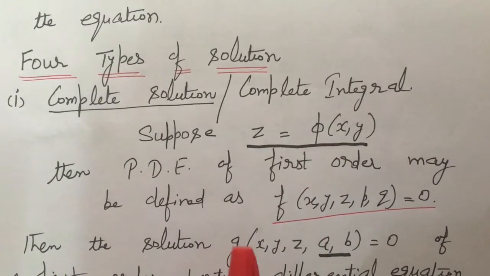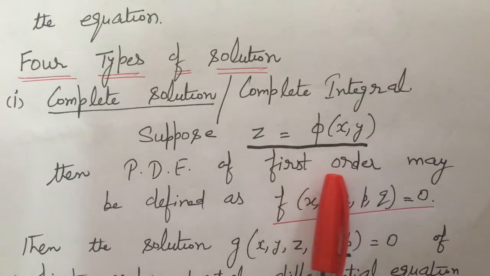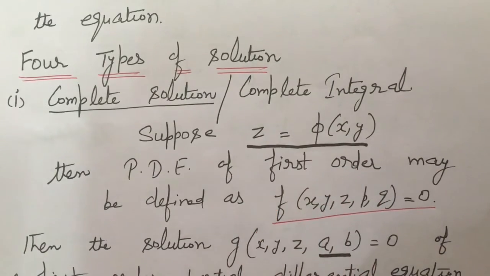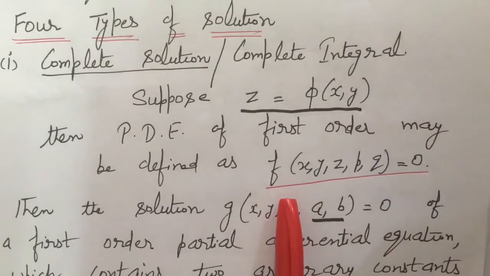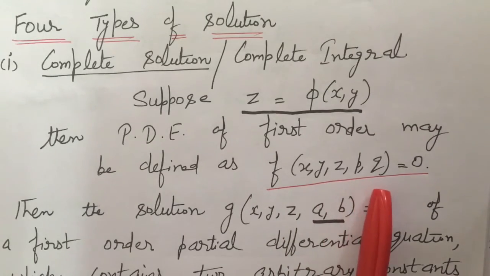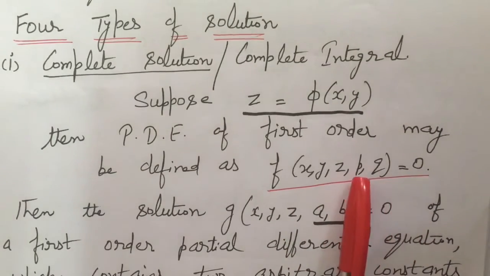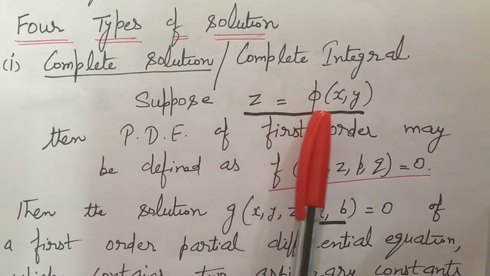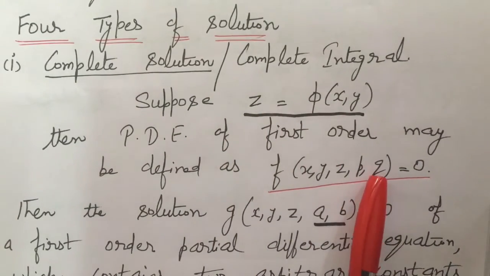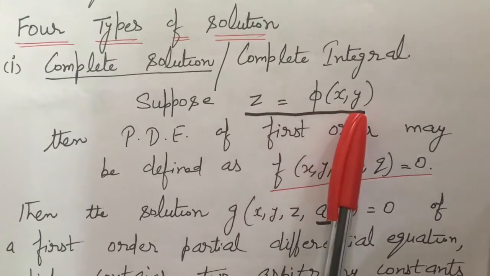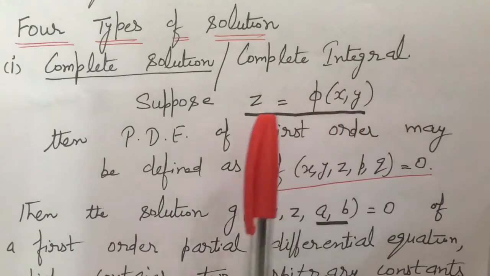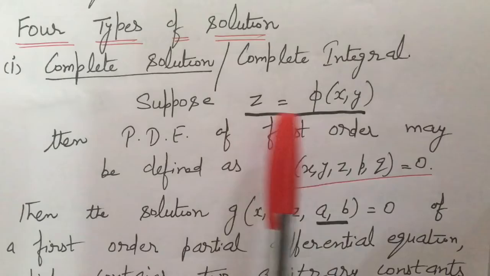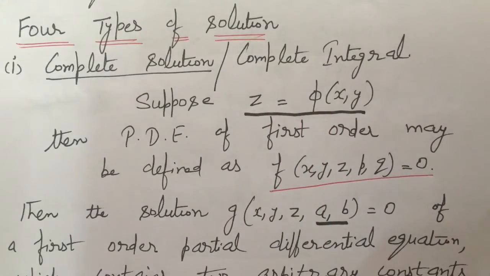So we can say that the first order PDE will be of the form of any function f of x, y, z, p and q equal to 0, where p is the first order derivative of z with respect to x and q is ∂z/∂y, that is the first order partial derivative of z with respect to y.